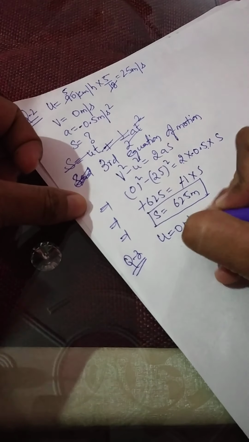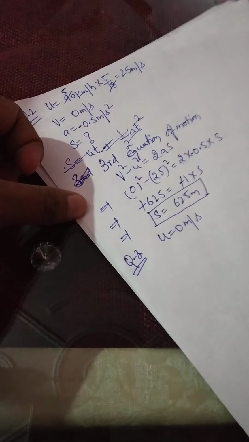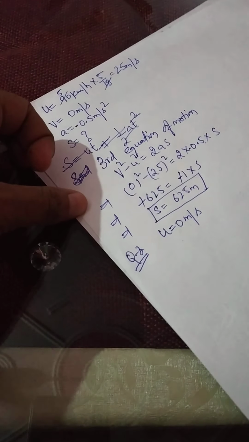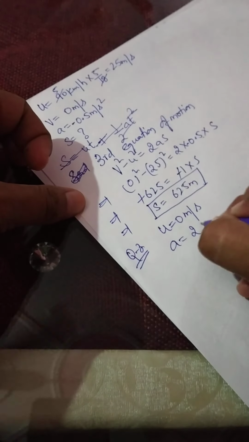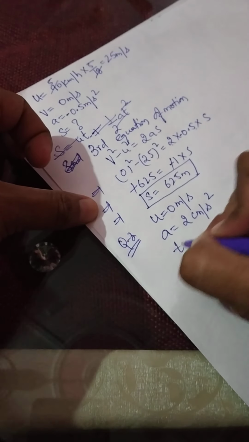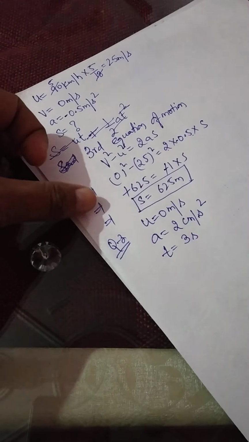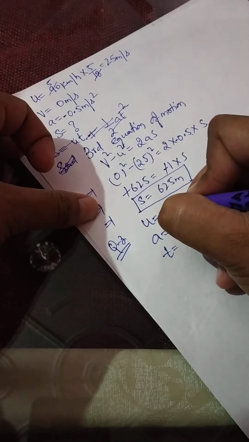So the initial velocity u is 0 meters per second. It has an acceleration of 2 centimeters per second square, and the time given is 3 seconds. Here we can take the velocity in centimeters per second.